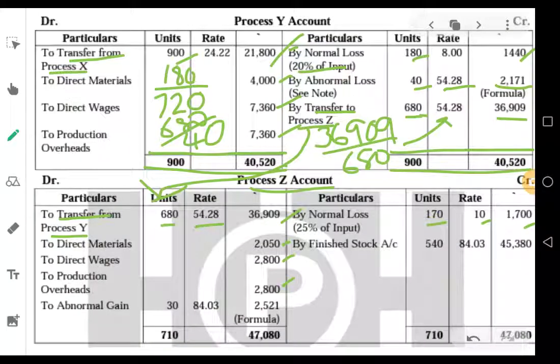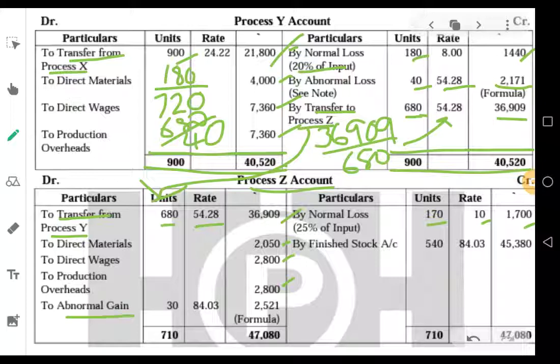In the Process Z account, normal loss is 25%. Notice the input, 680 units. If you calculate 25% normal loss on that, it is 170. So 680 minus 170, you should expect 510. Expected number of units output is 510, but it is given in the question that the actual output is 540. That means we are getting more output than we expected. When the actual output is more than what we are expecting, then there will be a gain. That gain is called abnormal gain.